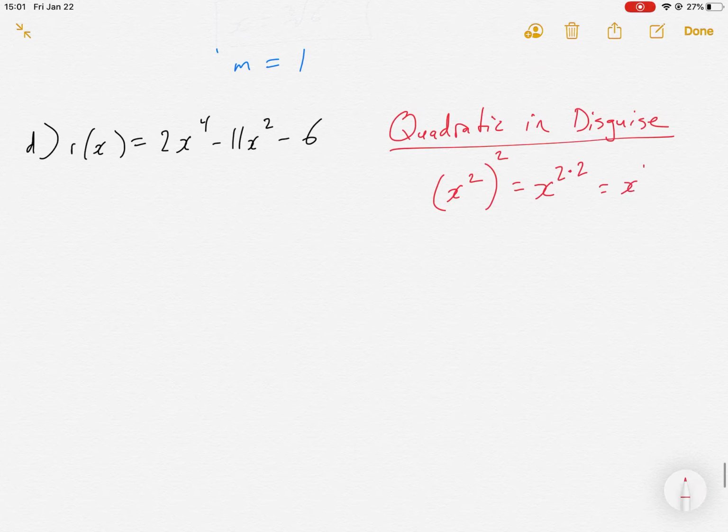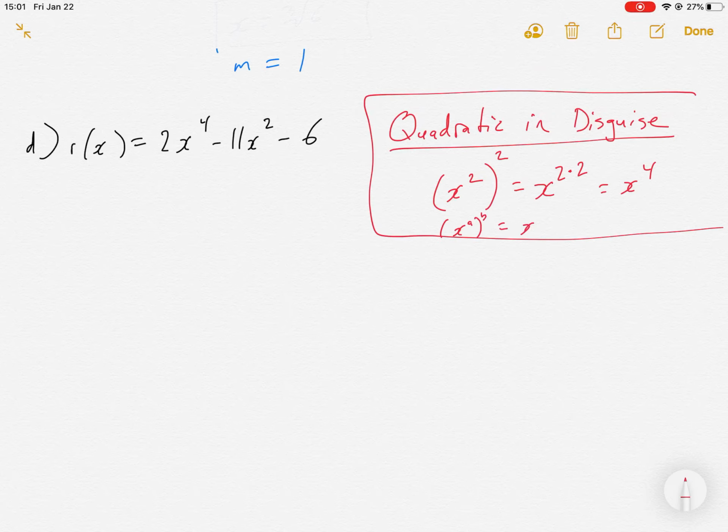So you multiply those two and you actually get x to the fourth. So I'm going to use this fact in just a moment, but I want to remind you of that over here off to the side. And really what this fact is, x to the power of a to the power of b, is just x to the power of a times b. So that's just a fact about exponents I want to remind you.